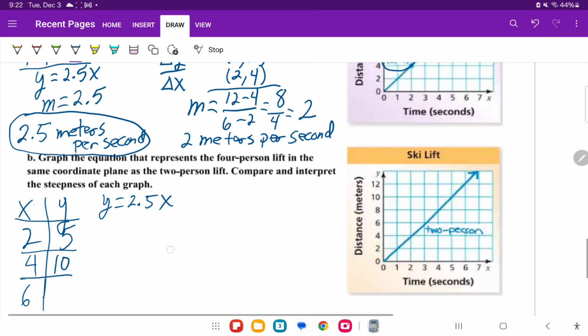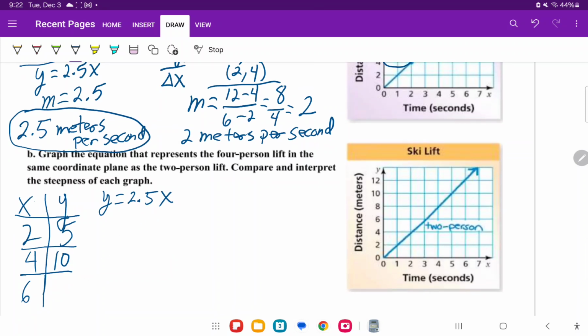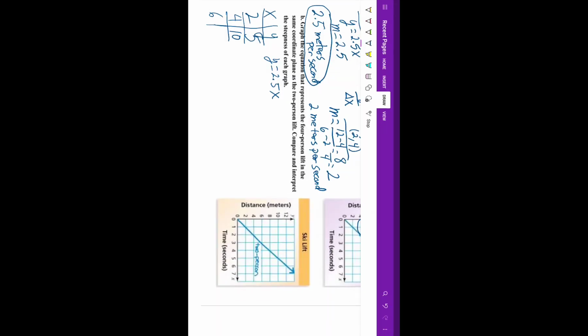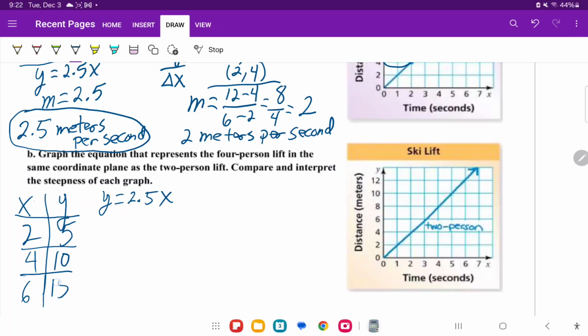And then I'm going to put 6 in there, 2.5 times 6, and that is 15.